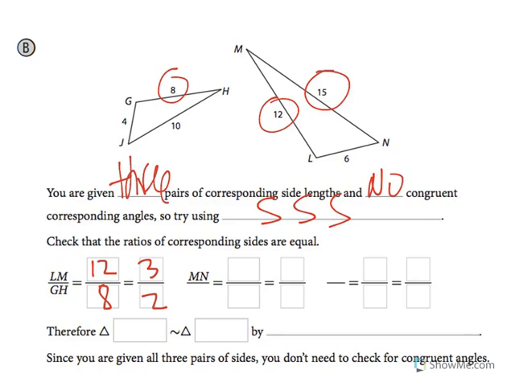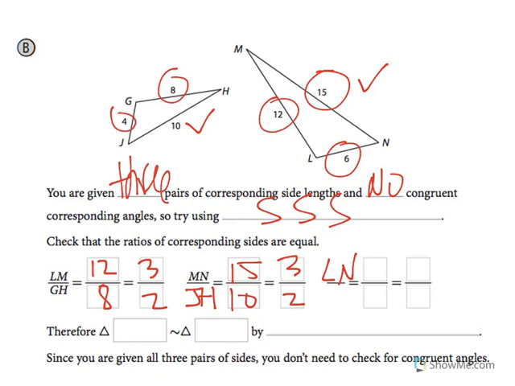Since this is the longest side, we compare it to the longest side here, which will be JH. So 15 over 10, reduced by 5, is 3 over 2. And this is the shortest length, so LN to the shortest length JG. So it'll be 6 over 4, and reduced by 2, then 3 over 2.